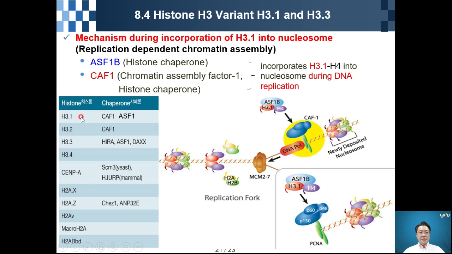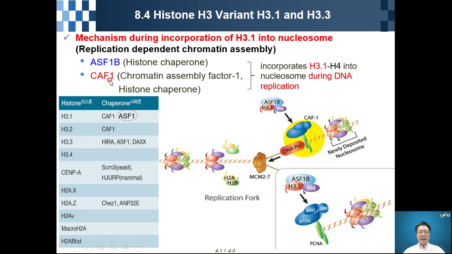So this is the histone H3.1. H3.1 has unique chaperones. We call them CAF1 and ASF1. During this incorporation of H3.1 into the nucleosome, two chaperones are involved.